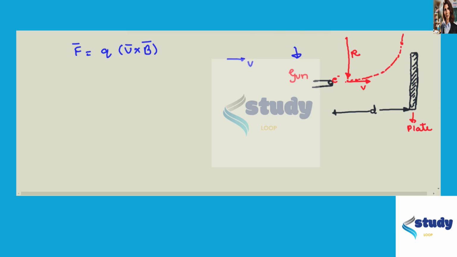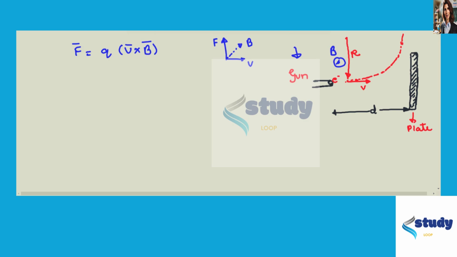If I want to deviate this upside, a force should be on the upside. Thus, the direction of the magnetic field will be going inside the plate.